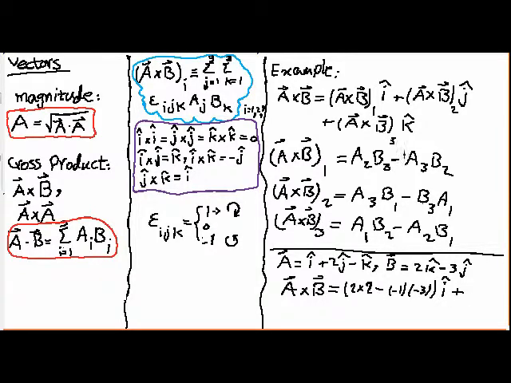Plus you can use the same equation here for the other components to get A cross B. It's 4 minus 3, so it's I hat only, and some value J hat plus some value K hat. So see, A cross B turns out to be a vector, because I hat, J hat and K hat are vectors. This is an important concept.